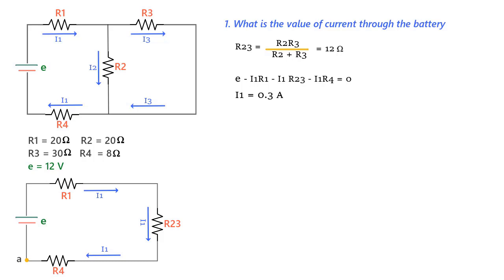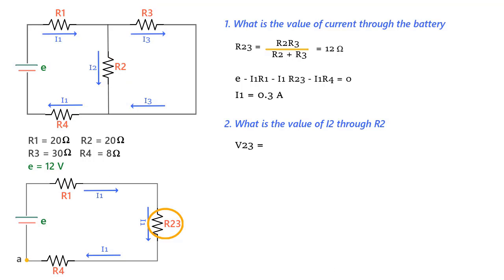Now the next question is, what is the value of I2 through R2? Let us work backward and observe that since R2 and R3 are in parallel, the potential difference across R23 should be the same as that across each R2 and R3 considered alone. So what we'll do is find the potential difference across R23 first, and let us call it V23.